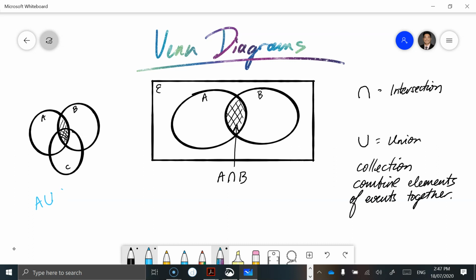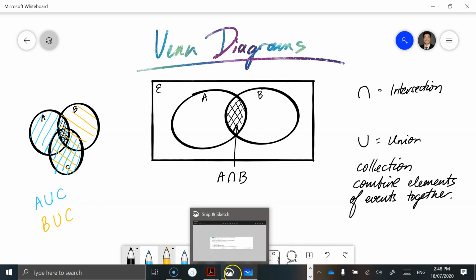If I say A union C, we're only looking at all the elements that appear in both A and C. Okay, and then the same thing if I said what is the union of B and C, then we're looking at everything that is in C, and we're going to look at everything that is also in B. Okay, so hopefully that visual helps to differentiate the difference between intersection and union.